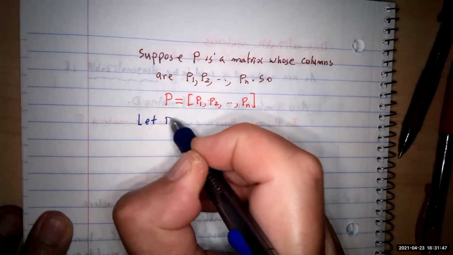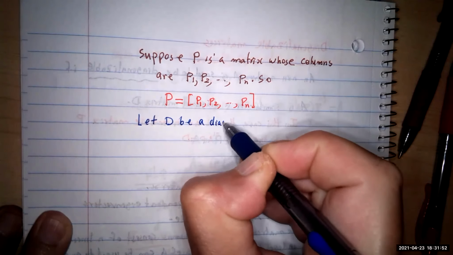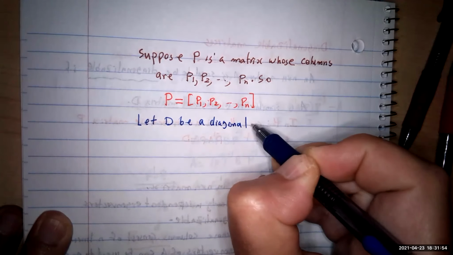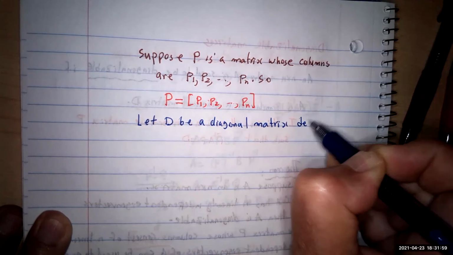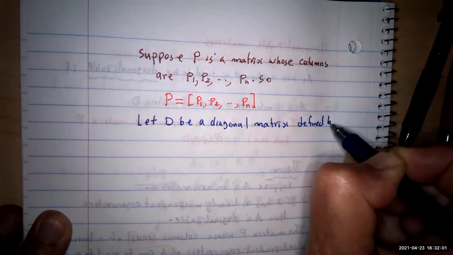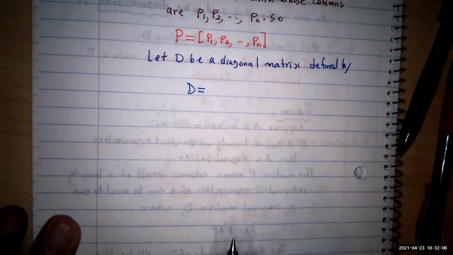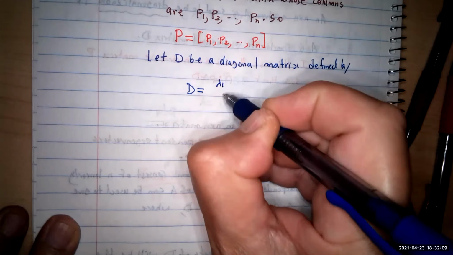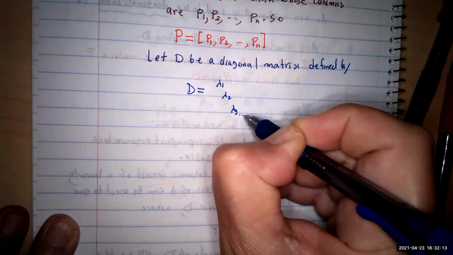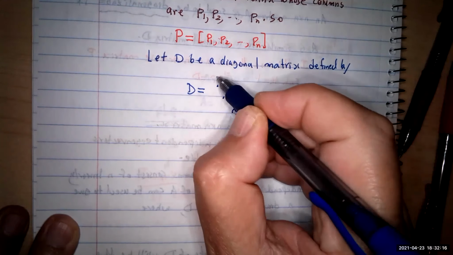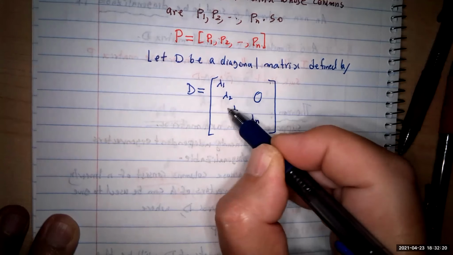Let D be a diagonal matrix defined by this: the entries are the eigenvalues lambda 1, lambda 2, lambda 3, up to lambda n, and everywhere else we get 0.